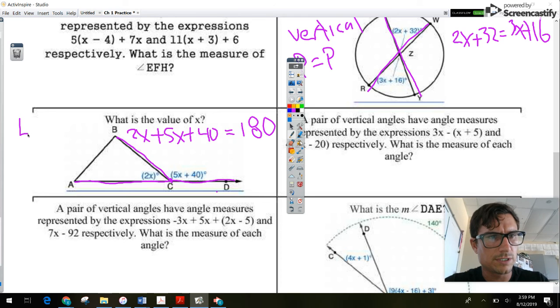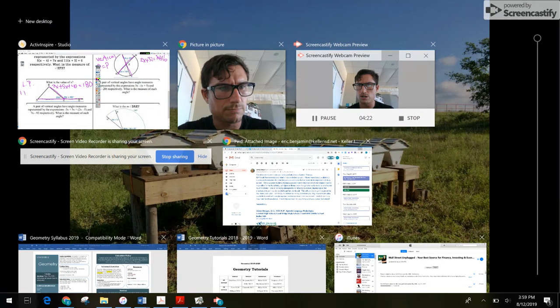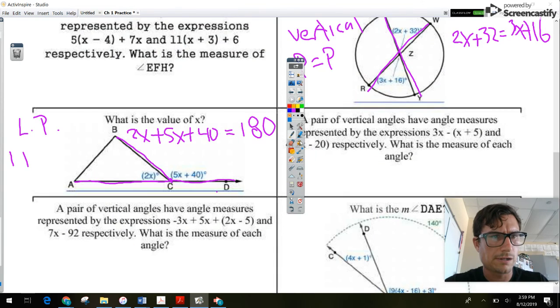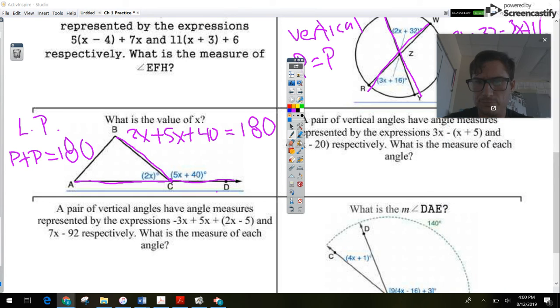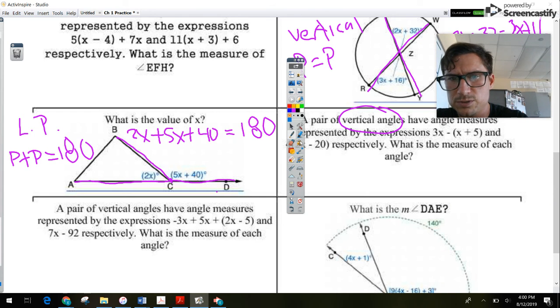So remember, linear pair, I'm going to write LP, part, we're back, sorry guys. Part plus part is equal to 180. So remember, dropping a hint here, vertical angles go to P equals P.